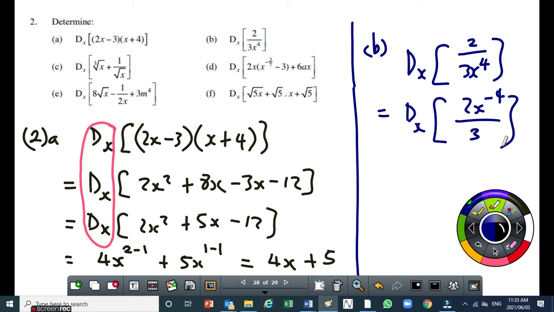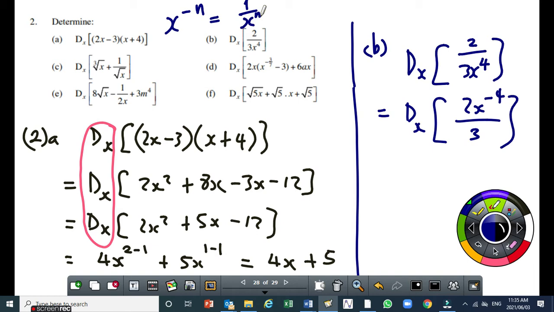I told you yesterday why it becomes x to the power of negative 4. That comes from this law, x to the power of minus n equals 1 over x to the n. So we are moving from the right hand side towards the left hand side.